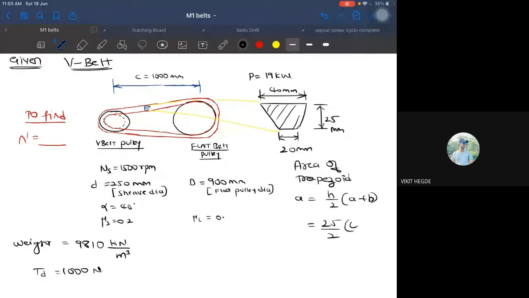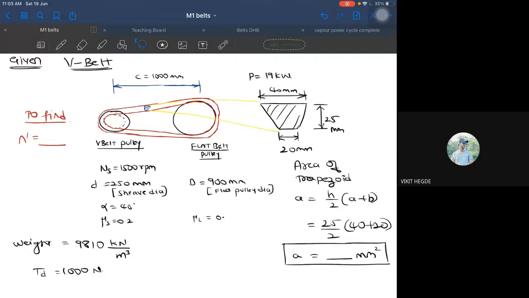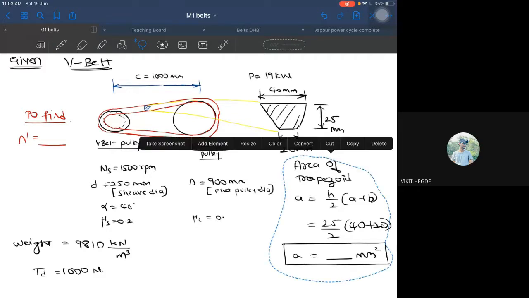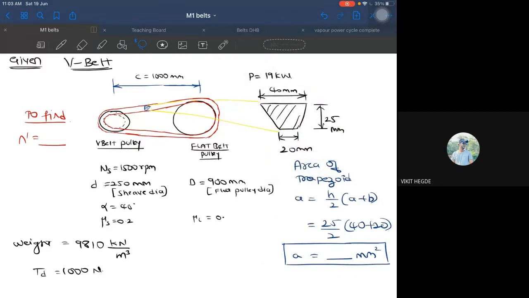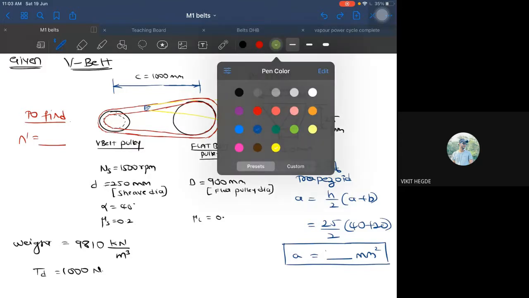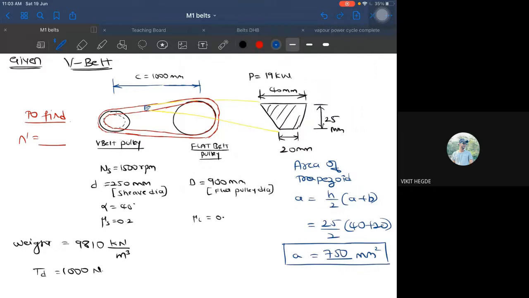So from this, what is the value of A in mm square? So 750 mm square. Good. 750 mm square.